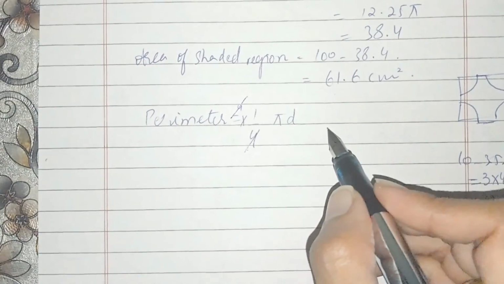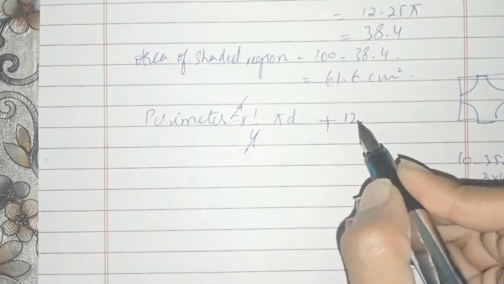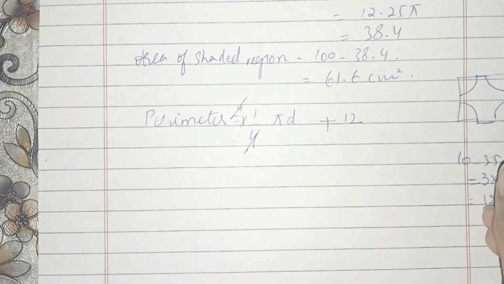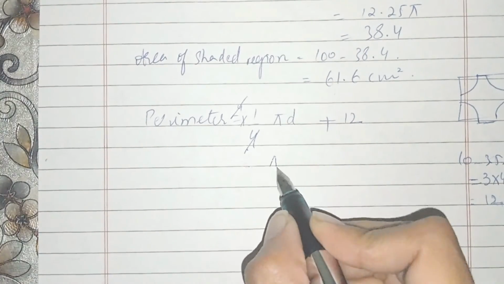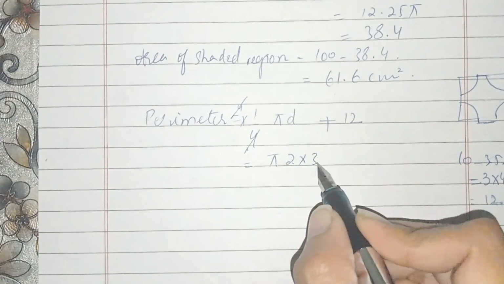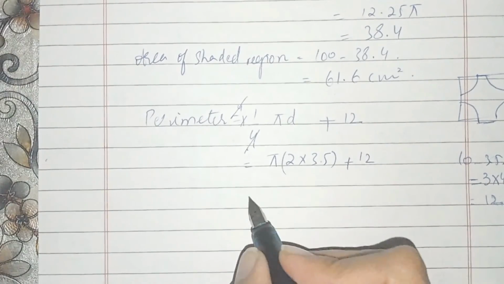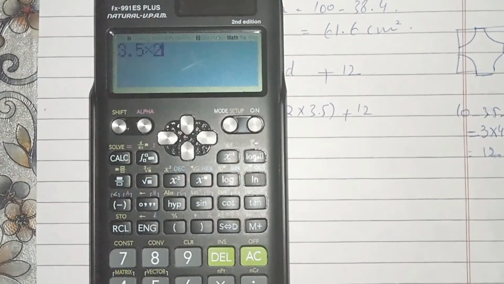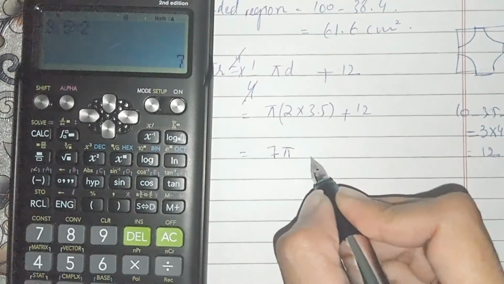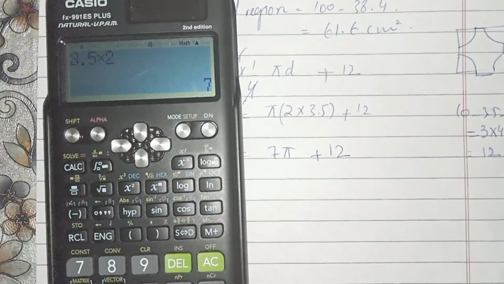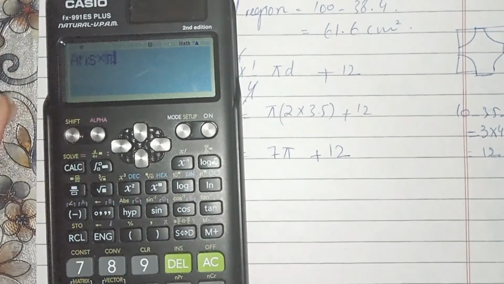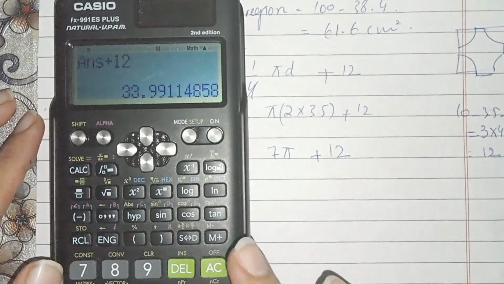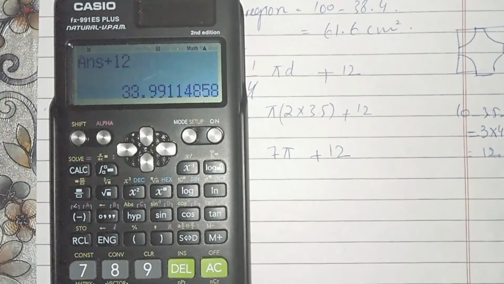This 4 is cancelled by this 4 and we have to add 12 to it, and r is given to us, which is 3.5, and d is equal to pi multiplied by 3.5 multiplied by 2, we get 7. 7 pi plus 12. 7 multiplied by pi, we get 21.99, and plus 12, we get 33.99.